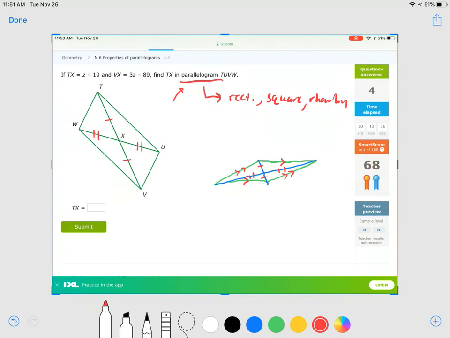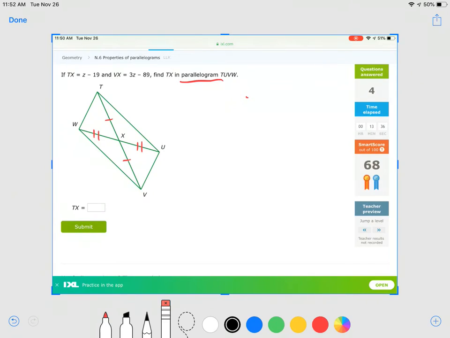So all 4 of them don't have to be the same length, but each individual half piece has to be the same. So those 2 are congruent to each other, and these 2 are congruent to each other. So what we have is that these 2 diagonals bisect each other.